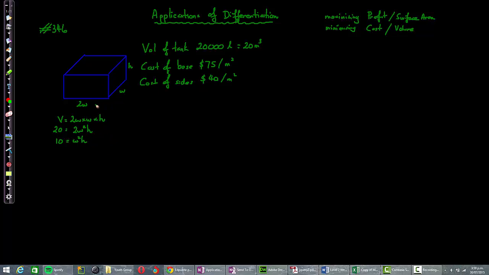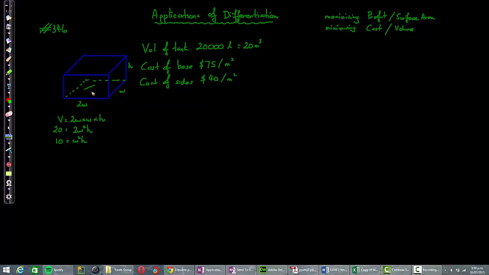That's just taking the information that we're given about the volume here. Now, what else are we told? We're told the base is going to cost $75 per meter squared to make. So where's the base? I'm just going to try and draw that in roughly here.